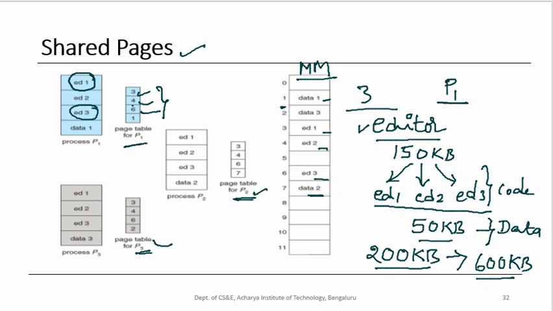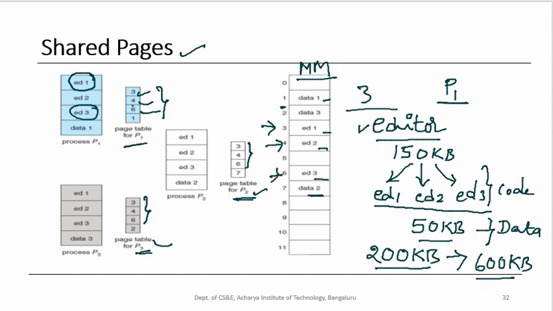First of all, you have to remember that every process will have its own page table, and every page table entry corresponds to a frame number where the corresponding page of the process is located in the main memory. So in the page tables of all the processes, we make the same entries, which means that all of them are referring to the same pages in the main memory.